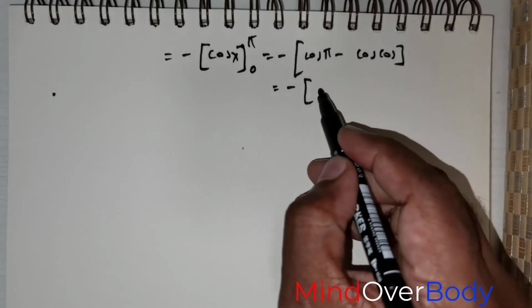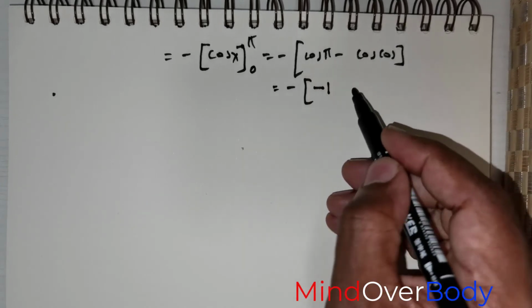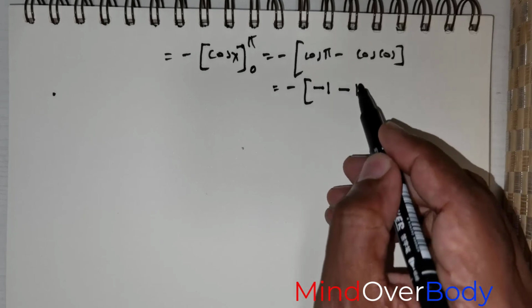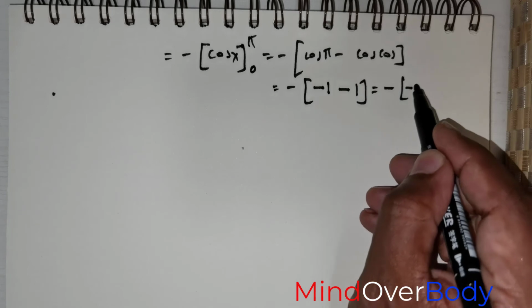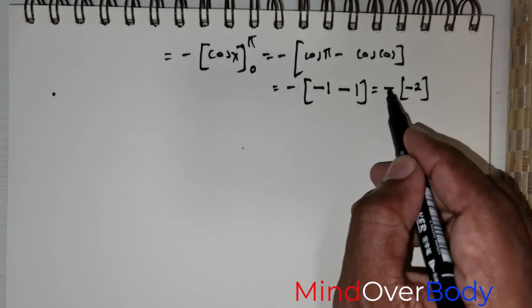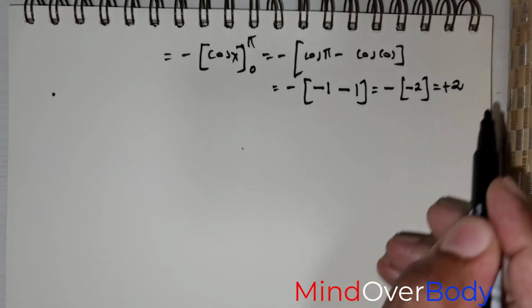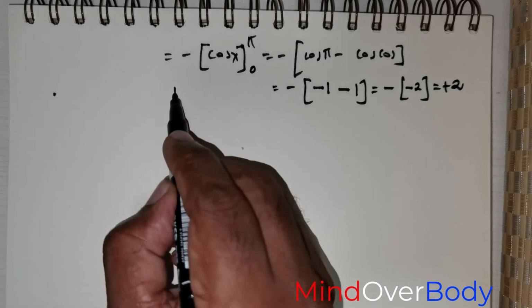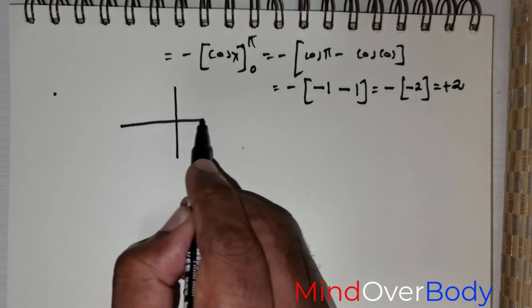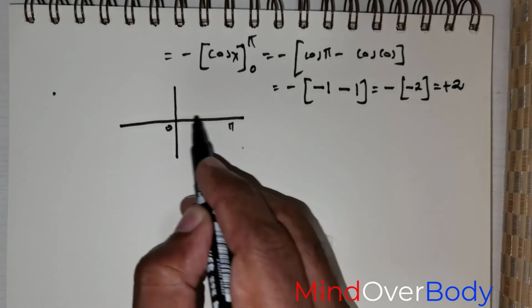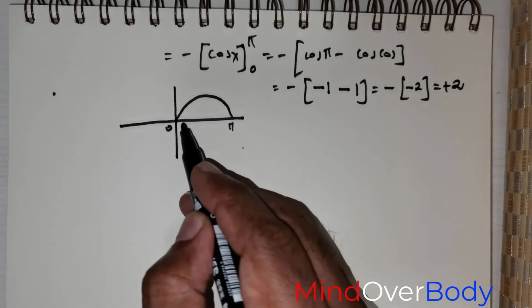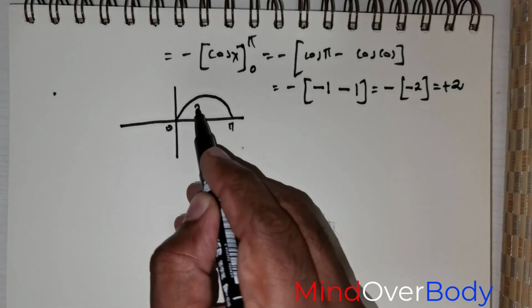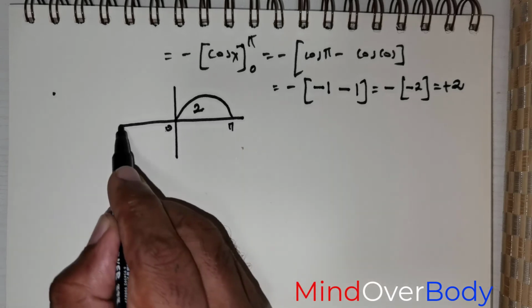Now cos of pi is negative 1, cos 0 is 1, there is a negative sign here. So this is going to be negative of negative 1 added with negative 1 would give me negative 2, and there is a negative sign here, that's going to be positive 2. So what have we done? We have just obtained the area under the curve stretching from 0 to pi as 2 units.